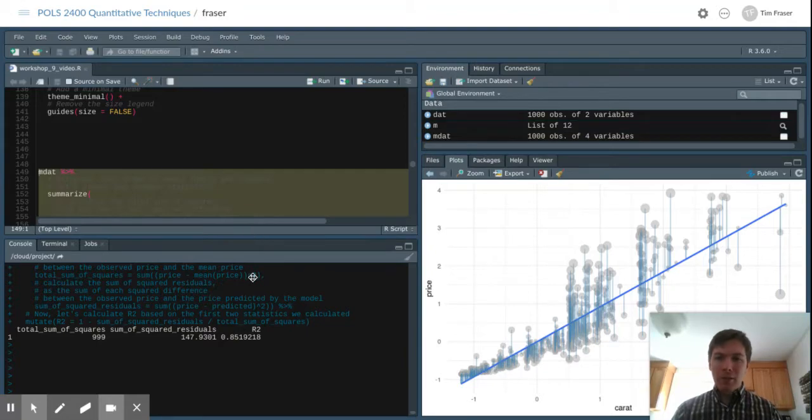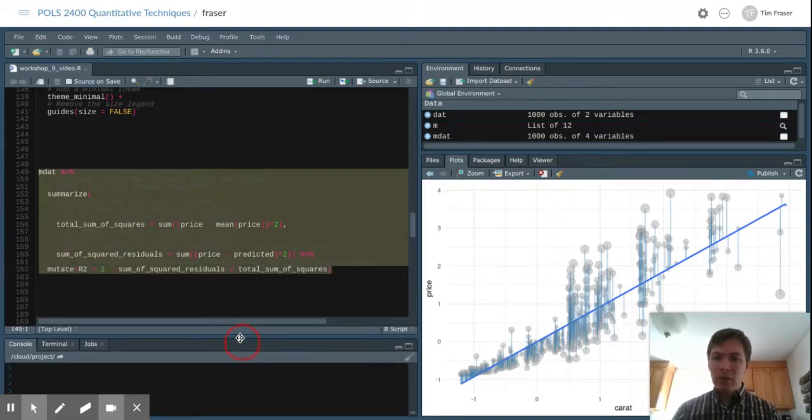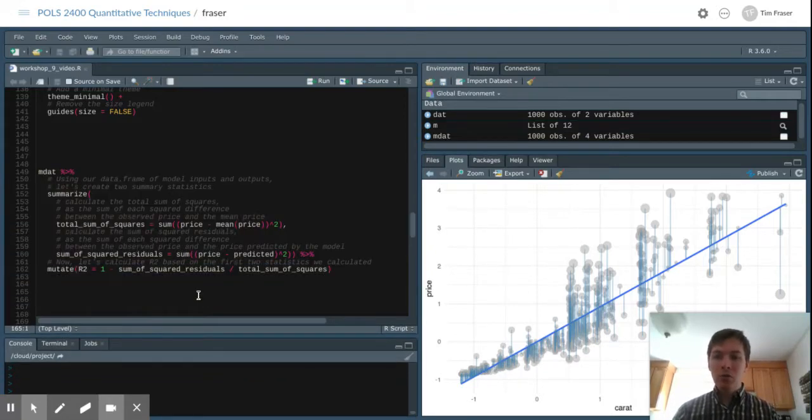And the cool thing is, R squared is a really commonly used but kind of complex statistic, and we calculated it by hand right here. Some news: you will never have to calculate R squared by hand. But this is how you do it, and I hope you understand a little better what it means. It's the percentage of variation in the outcome explained by the model.